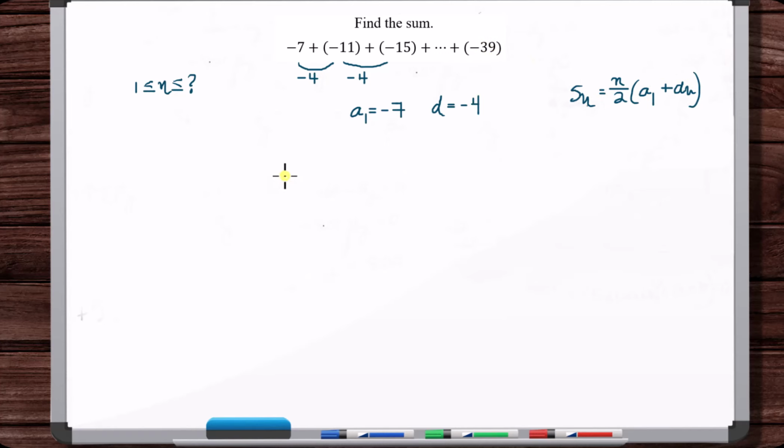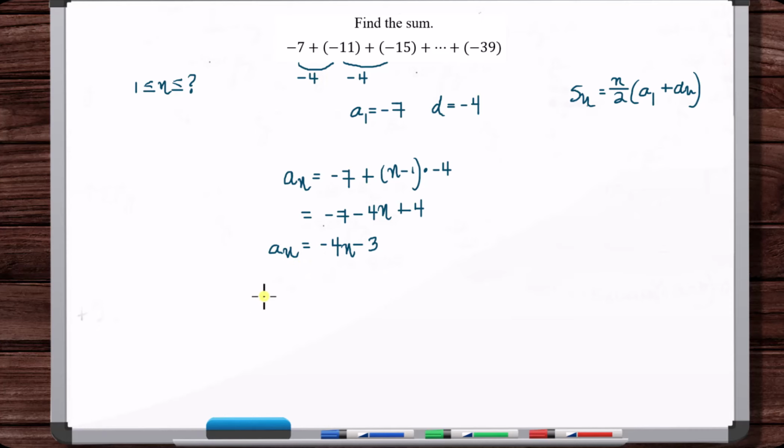So a sub n is equal to a sub 1, so minus 7 plus n minus 1 times minus 4. Get your signs right. Distribute the signs correctly. So minus 4n plus 4, so minus 4n minus 3. That is a sub n, which represents this sequence.